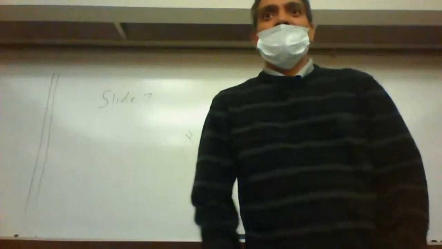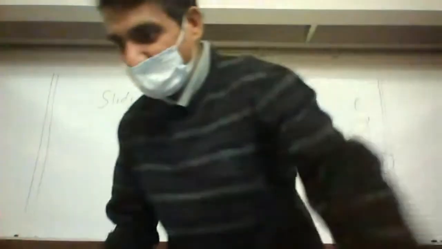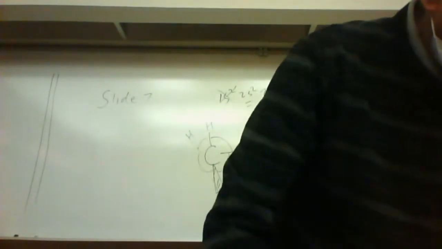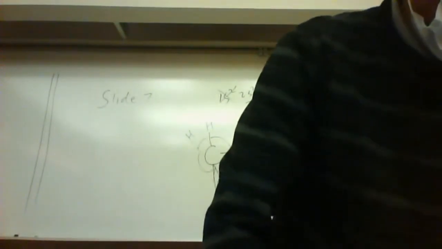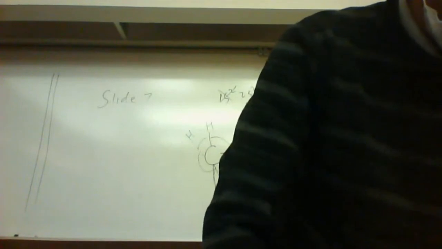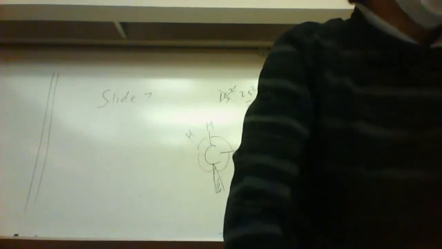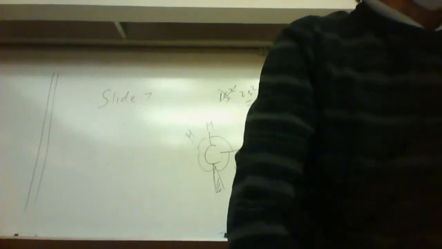Make sense? So the expected molecule was 90, but actually it's 109.5 due to the hybridization.